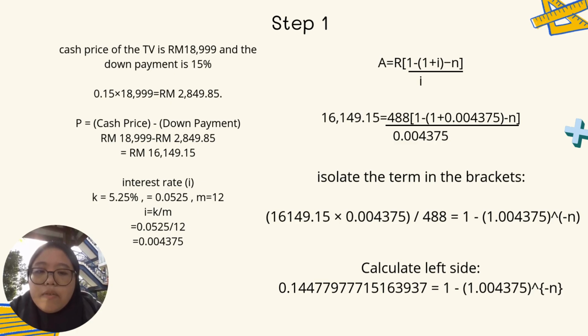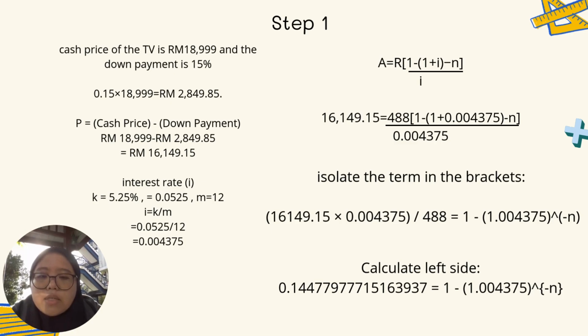16,149.15 equals 488 in bracket 1 minus in bracket 1.004375 closing bracket power of negative n, divided by 0.004375. The next step we have to do is isolate the term in the brackets.